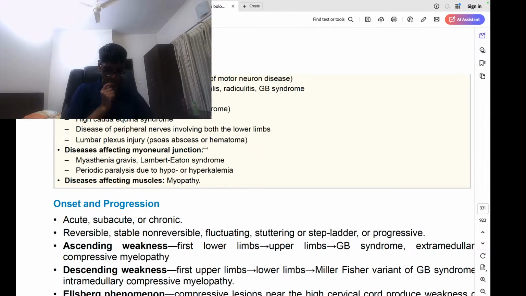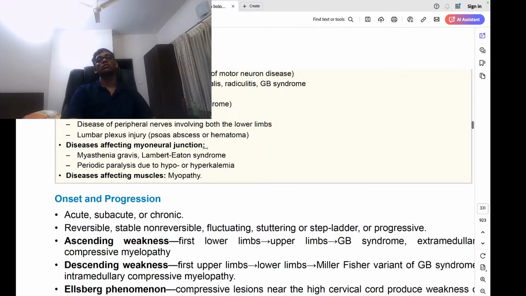Lambert-Eaton syndrome often stems from lung cancer, whereas myasthenia gravis can involve a non-cancerous tumor or a problem with the thymus gland.